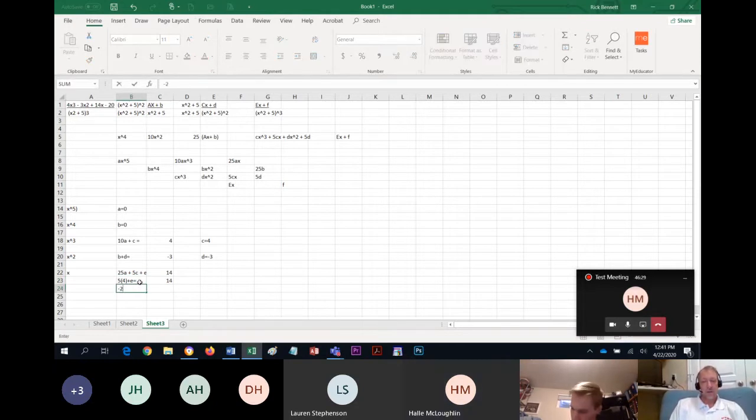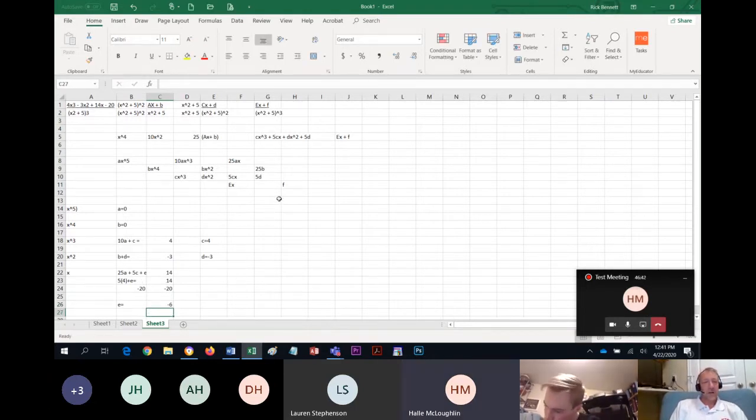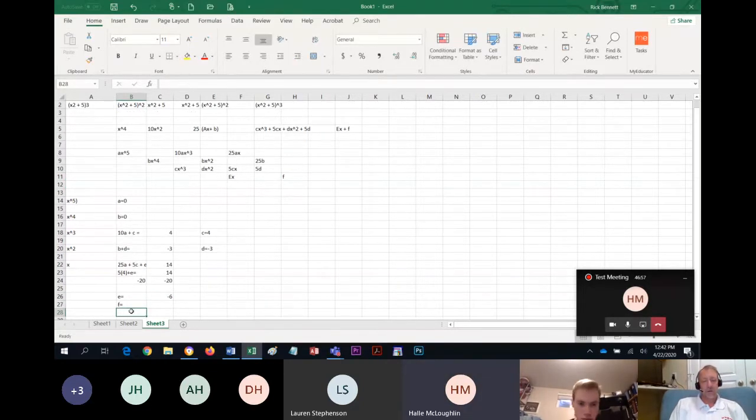I'll subtract 20 from both sides. And I'm going to get e is going to equal -6. And then I just need to come up with my number term, which is f. f equals -20.